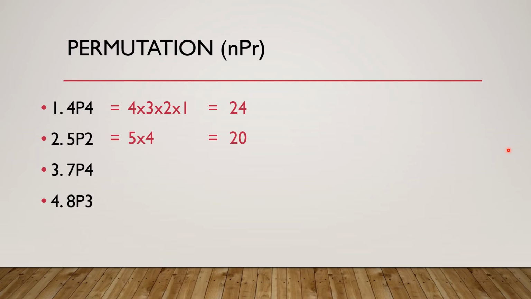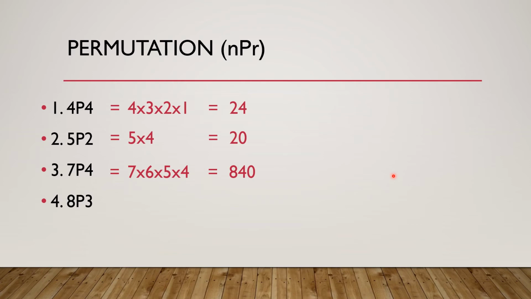7 taken 4. For 7 taken 4, there are 7 objects and we will be using only 4. This will be expressed as 7 times 6 times 5 times 4. There are 4 numbers being used. So 7 taken 4 is equal to 840. We multiply from 7 down to 4.